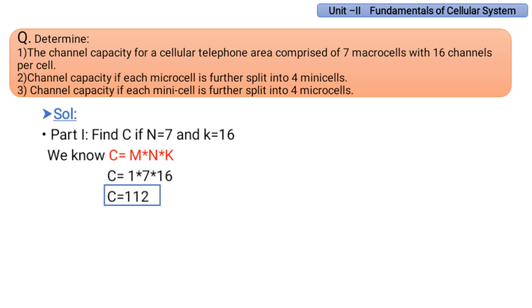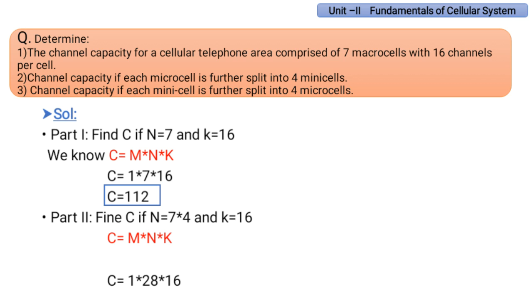For the next part, the 7 macrocells are split into 4 mini cells, so just multiply 7 into 4. So N is equal to 7 into 4. The same formula is applied here, so C is equal to 448. And what is given in the third point?